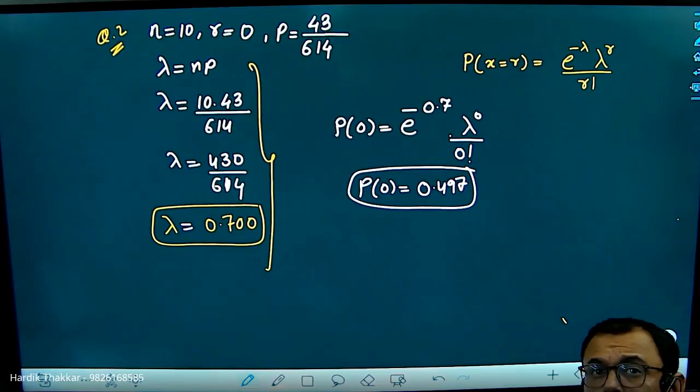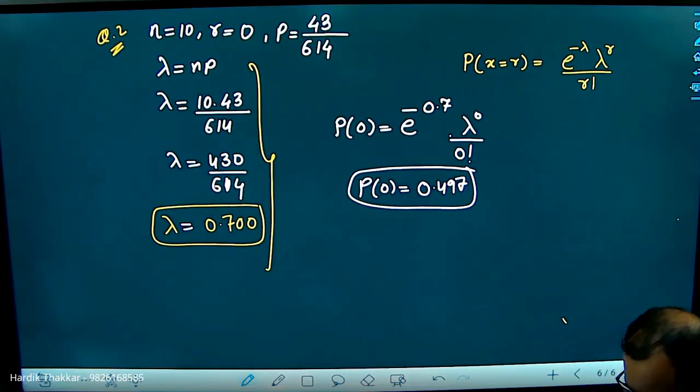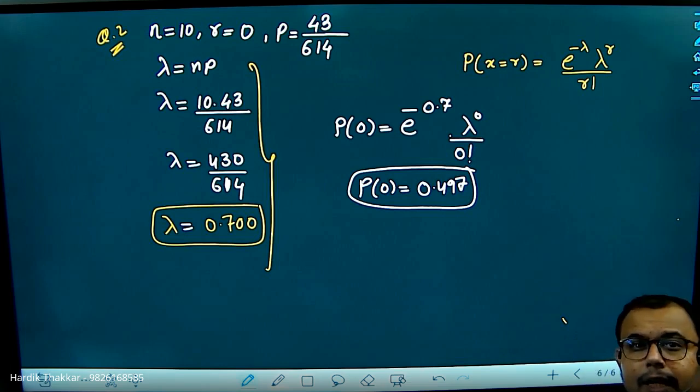Lambda is equal to 2.1. Yes. I think the value is given in the table for 2.1. You will take e raised to power minus lambda, that will be better. 0.122.